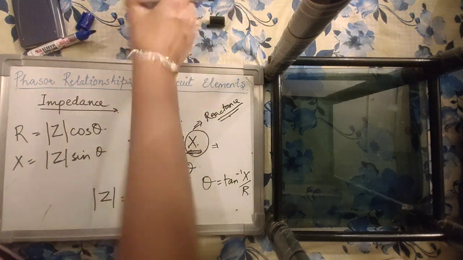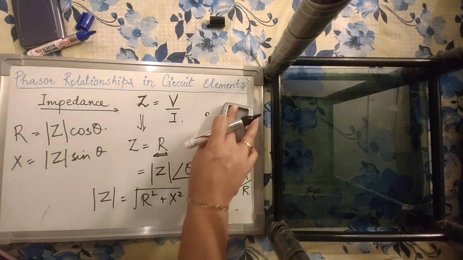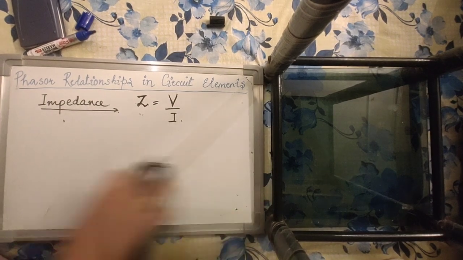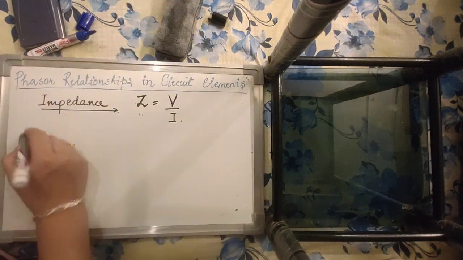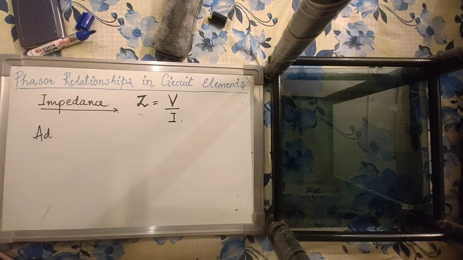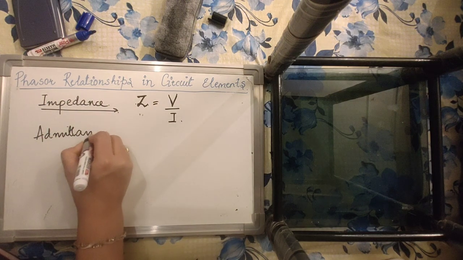This also brings us to another important concept, that is admittance. Just like impedance demonstrates the opposition to the flow of current, admittance demonstrates the ability to allow current.